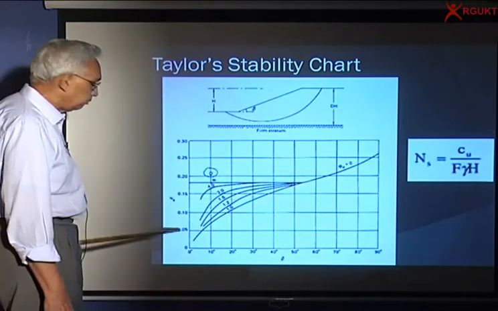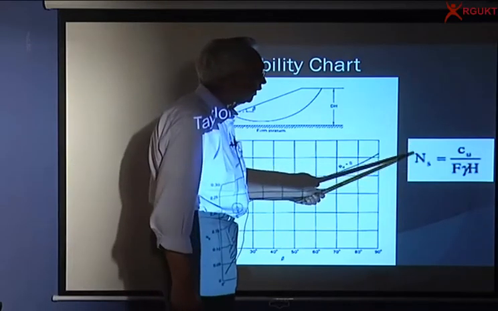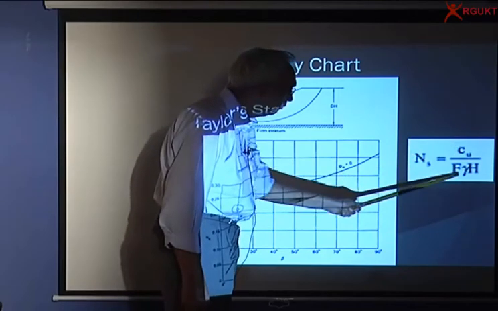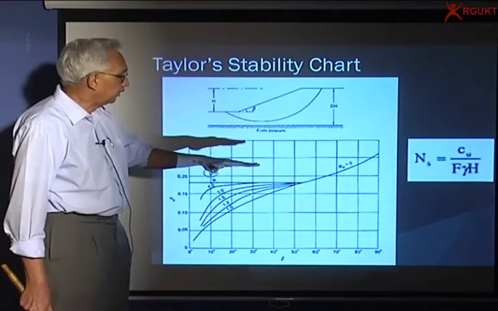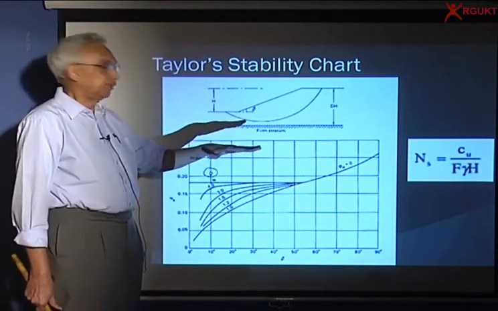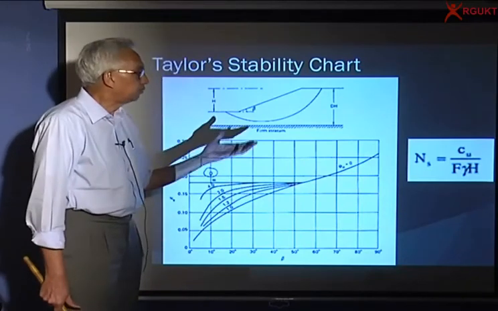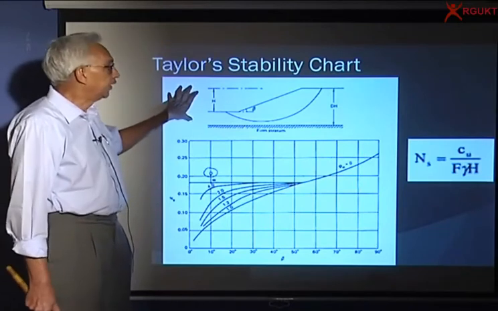If the stability number is smaller, the factor of safety will be higher, because the factor of safety is equal to Cu by stability number into gamma into H. So if the hard stratum is at shallower depths, we get a higher factor of safety. If the hard stratum is down below, you will have a smaller factor of safety. Straight away, using the chart, you can get it.